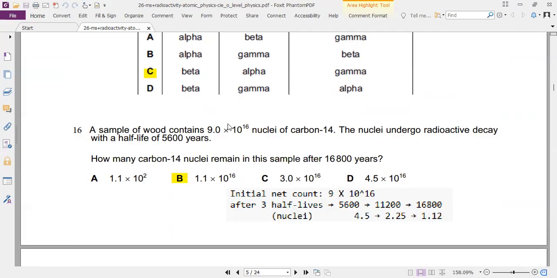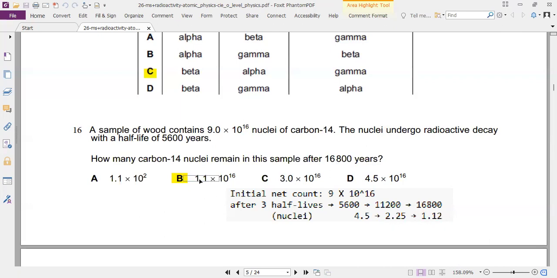Don't bother about the 10 power 16 because it is given in the answer. Bother about the whole number. So it will be 9 to 4.5 after 5600, and then this after 11,200, and then this after 16,800 years, which is the required. So it becomes 1.12.